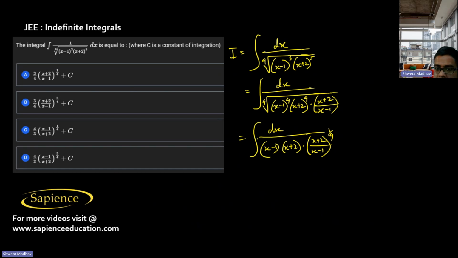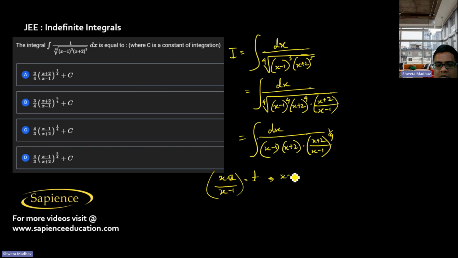Now the thing is, we can take, let's say, x plus 2 by x minus 1 equal to t.